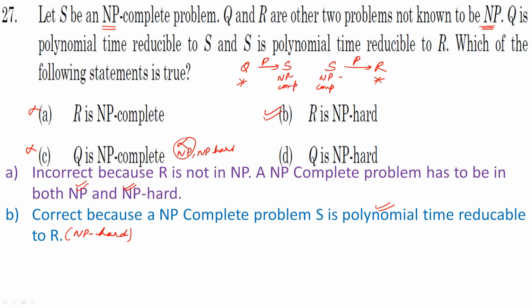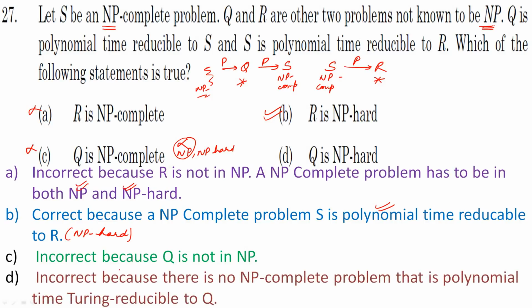No, it is not, because there is no NP complete problem that is polynomial time reducible to Q. So Q is not NP hard. Only R is NP hard. So the answer would be B.